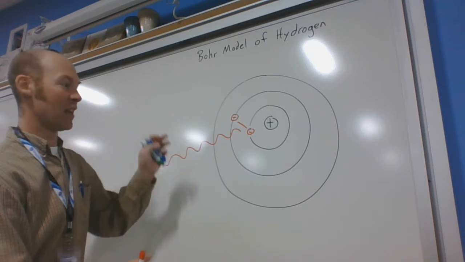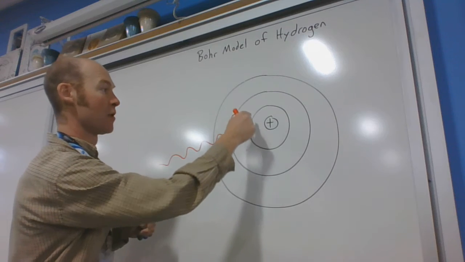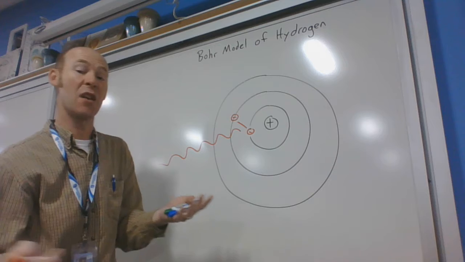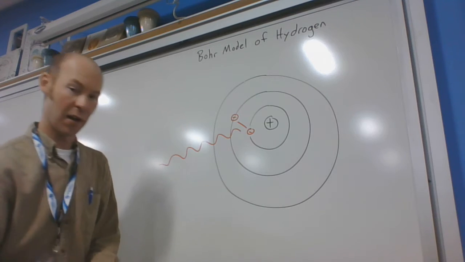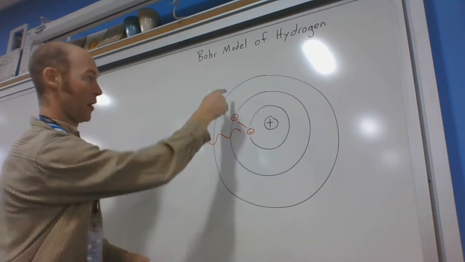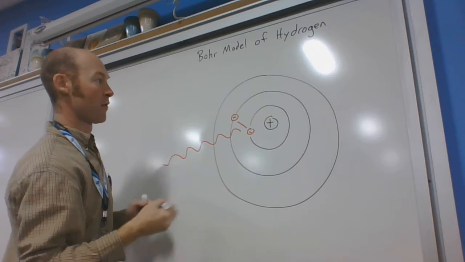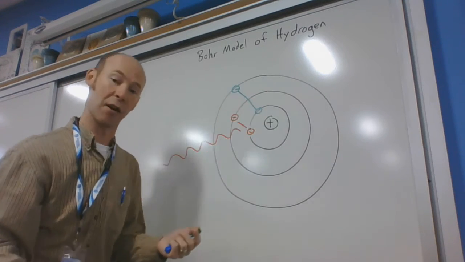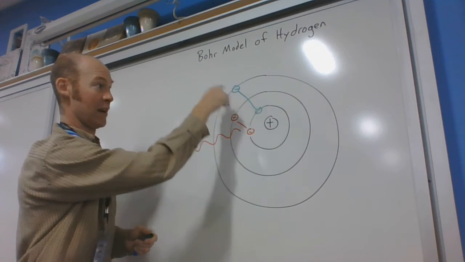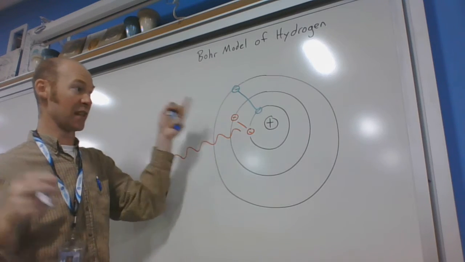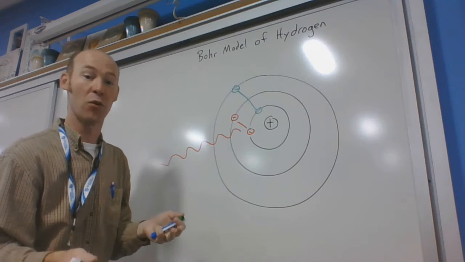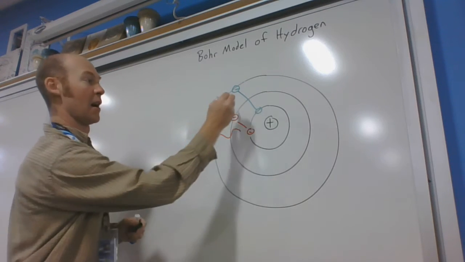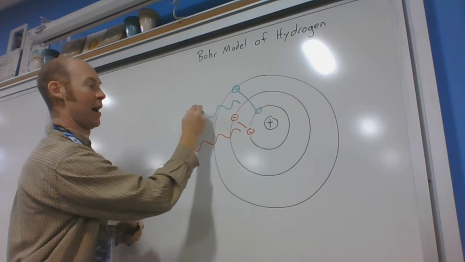What happens if you gave this an extra karate chop and knocked it up to an even higher energy state? Out there to be the 2p orbital for a bit. Well, hey, maybe when it jumps from here back down to here and makes this jump, it's releasing energy. But hey, it's jumping from a higher cliff, has more energy to give as it gets closer and closer to that nucleus. Bigger jump, more energy, that's a higher energy light.